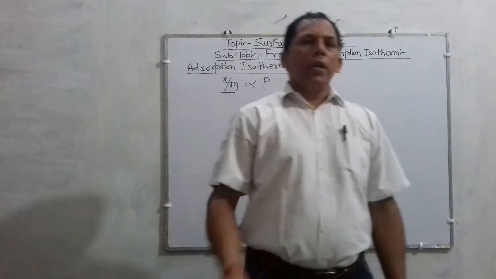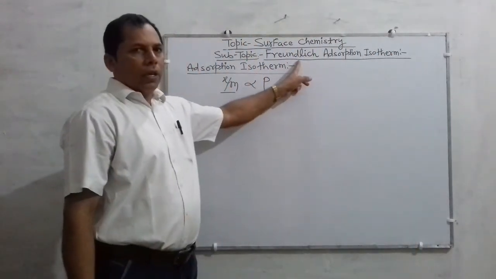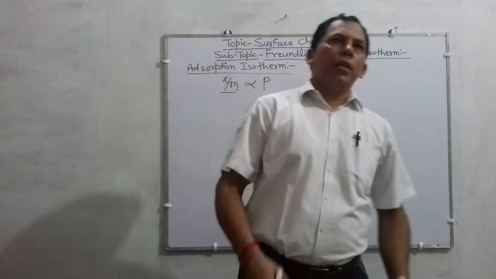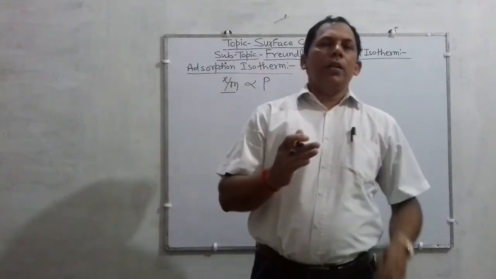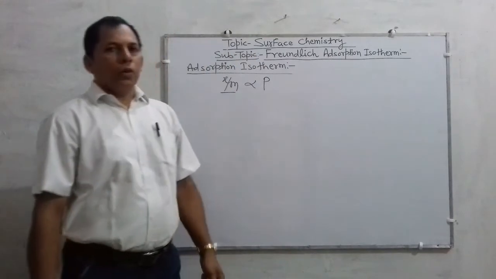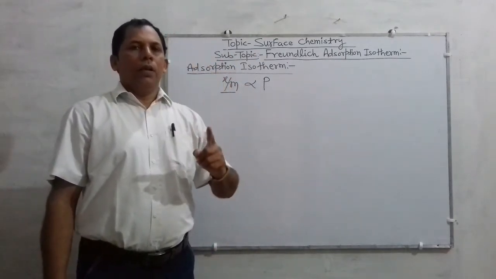And in 1909, Freundlich gave an empirical relationship between the extent of adsorption and pressure at constant temperature, and that is called Freundlich adsorption isotherm.